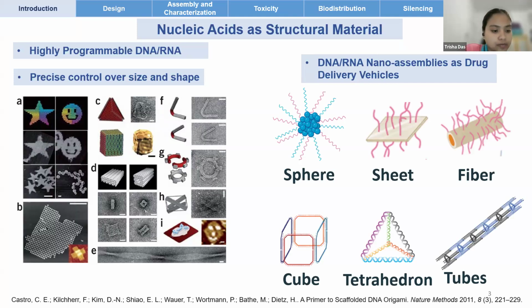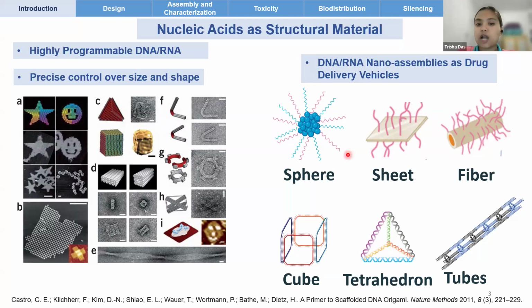The ones on the bottom are just made of pure nucleic acids, and they are known as wireframe structures. The ones that I'll be mostly focusing on today are the spheres, sheet, and fiber, focusing more on the spheres. These are essentially made of different polymers, where we take advantage of and integrate non-covalent interactions such as hydrophobic effects in order to form nanoscale assemblies of different shapes and sizes, which can be used as delivery materials.